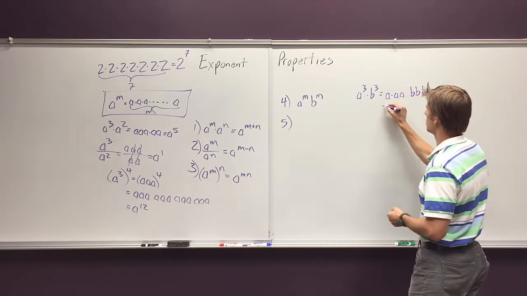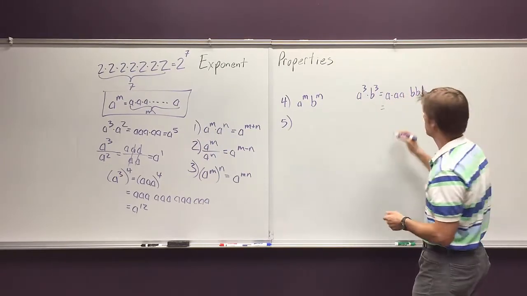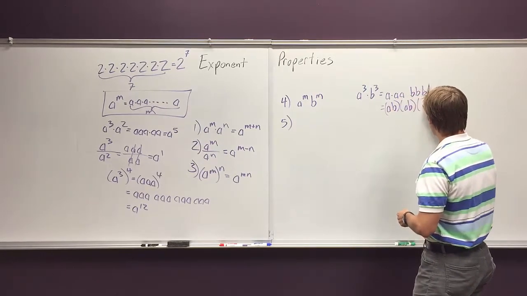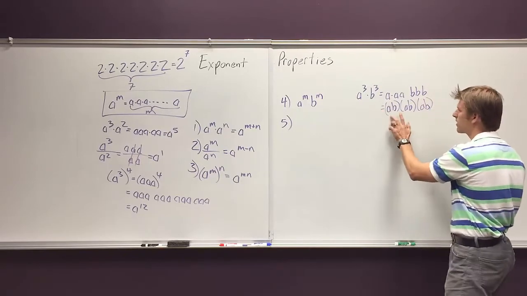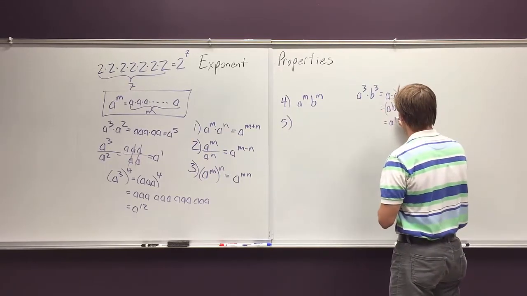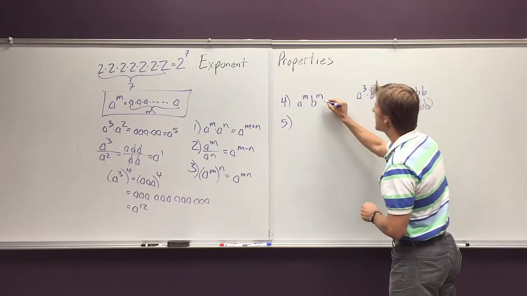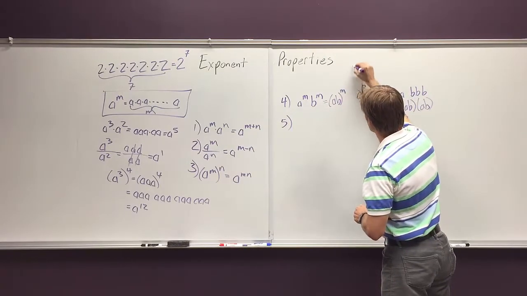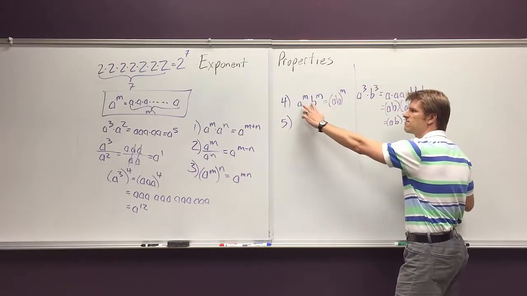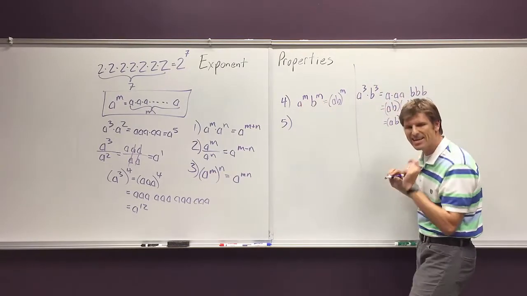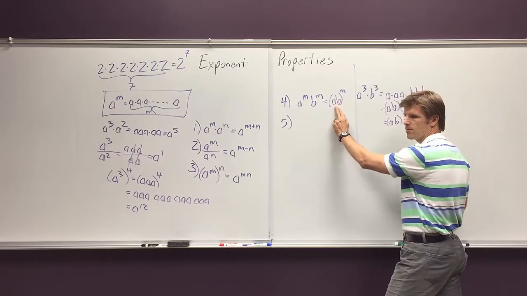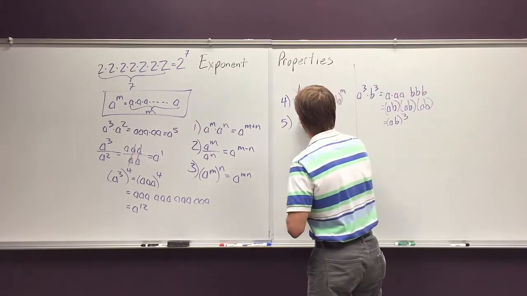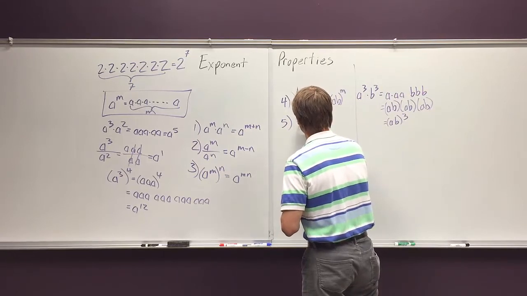So if you wanted to, you could use commutativity of multiplication, and you could write ab, ab, ab. You can see that you've got 3 a's and 3 b's, so that's really 3 ab's. So here's the catch. If the bases are different, but the exponents are the same, you multiply the bases. The exponent stays unchanged.